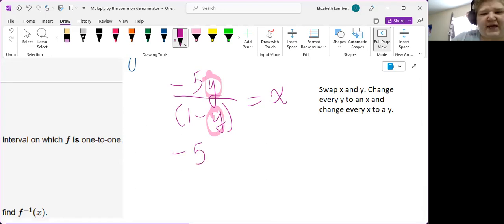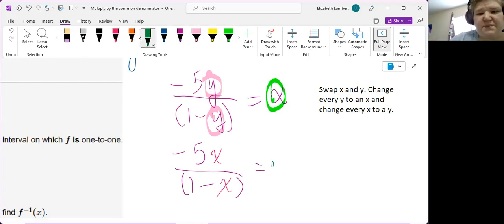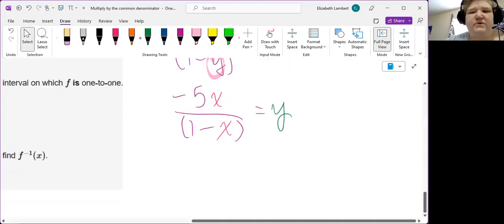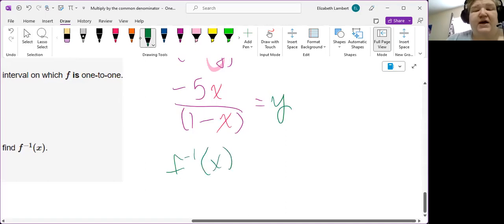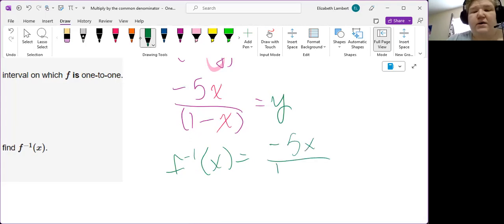So I have negative 5 times thing over 1 minus thing equals thing. So these y's are going to become x's. And then this x is going to become a y. And then the last step is just to clean up the notation. We were finding the inverse. We have now found the inverse, so we're going to label it as such. So f inverse of x is negative 5x over 1 minus x.